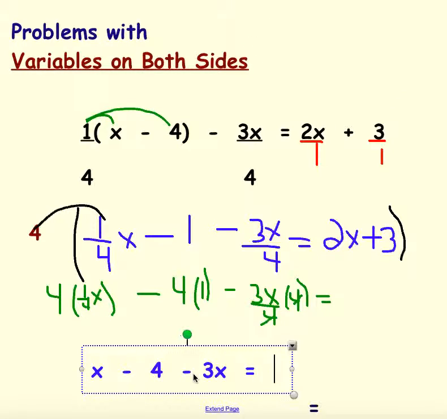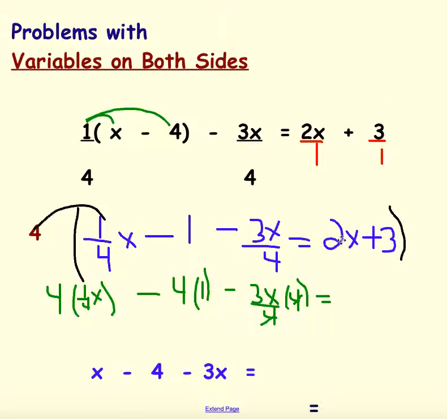and then on the other side I've got to multiply by 4. So let's see if I can get back to writing on this one. Sorry about that. So I'm going to go 4 times 2x, and then I'm going to do 4 times 3.